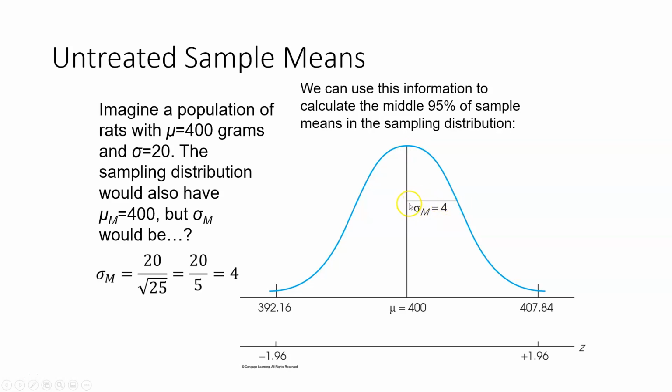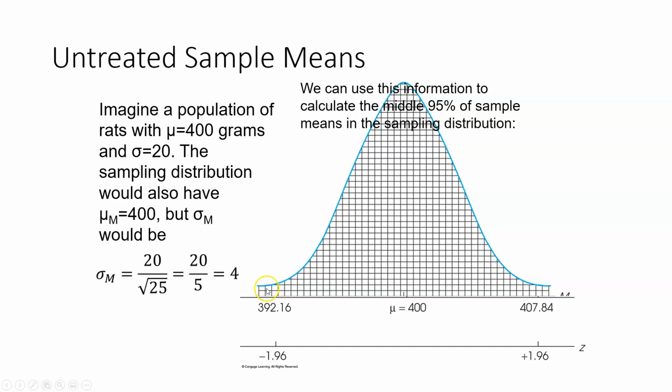And then, if we said the middle 95% is bounded by these z-scores of positive and negative 1.96, you could verify that if you want in your unit normal table, but you'll see that these bind the middle 95%. We could compute what these scores are equivalent to, and we would say that most samples, 95%, would fall between a weight of 392 to 407.